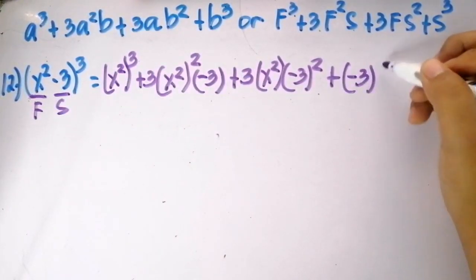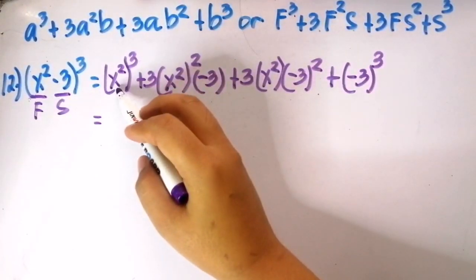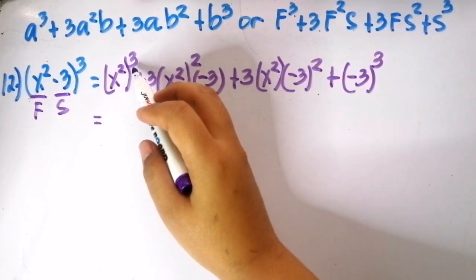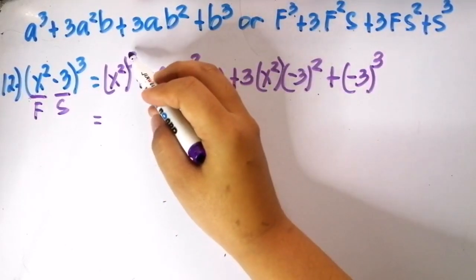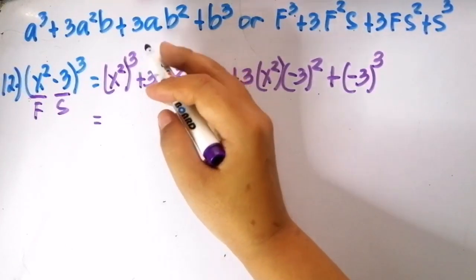So, negative 3 raised to the power of 3. Then, simplify. x squared raised to the power of 3, that is, we are going to multiply the exponent by power of a power. So 2 times 3 equals 6.